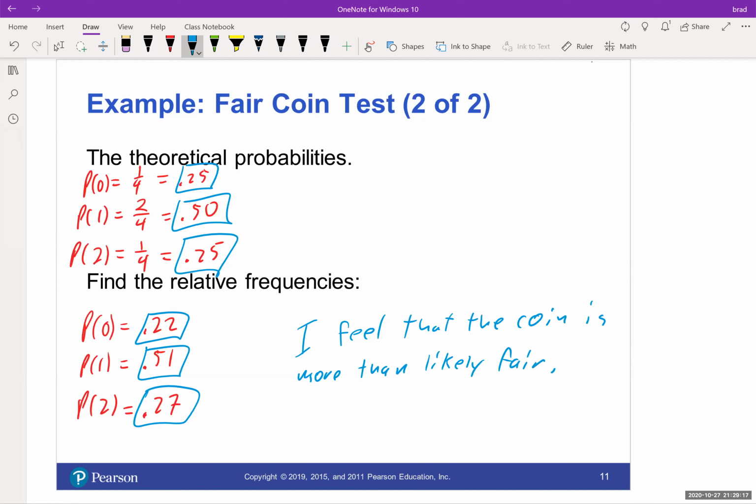So it's not a weighted coin. Somebody didn't cheat or put a little bit of extra weight on one side, so that when you flip it, it lands a certain way, or whatever the case may be. I feel like these theoretical probabilities are so close to the relative frequencies that it's probably a legit coin.